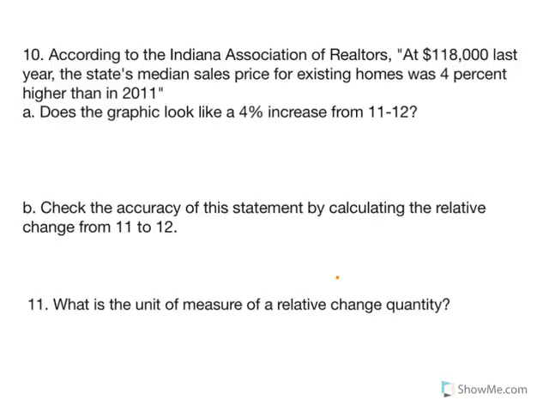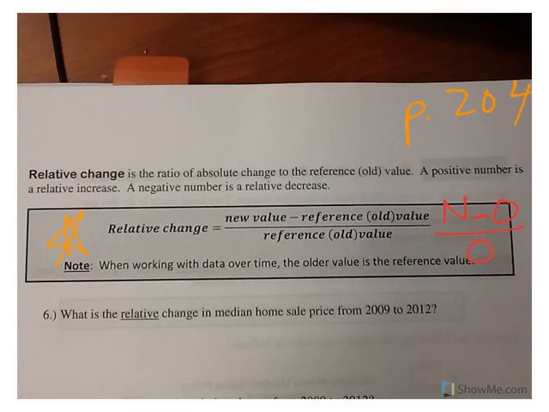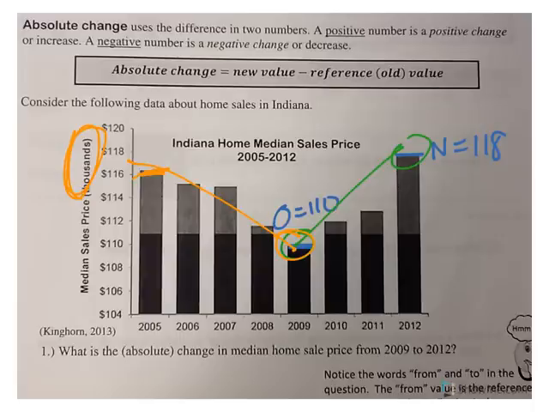All right, let's go to number 10. According to the Indiana Association of Realtors, at $118,000 last year, the state's median sales price for existing homes was 4% higher than in 2011. Does the graphic look like a 4% increase from 11 to 12? Well, let's go back to our graphic. From 11 to 12. So that's looking from here to here.